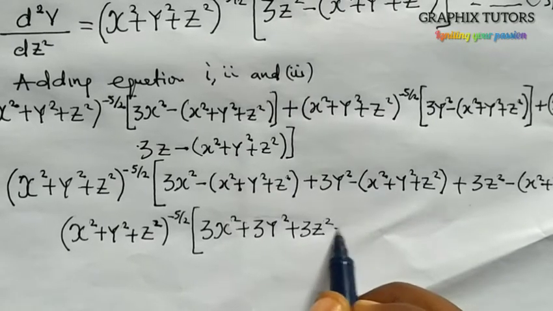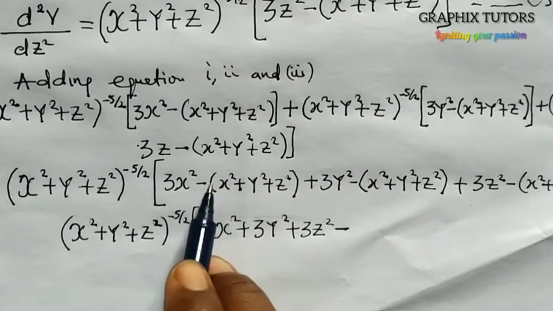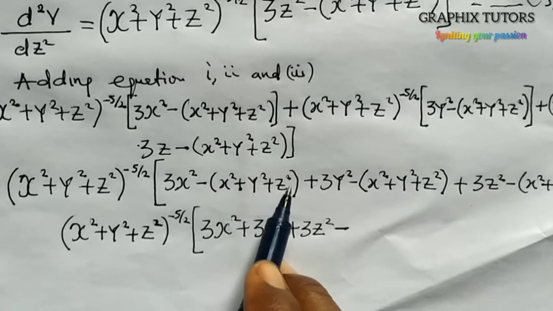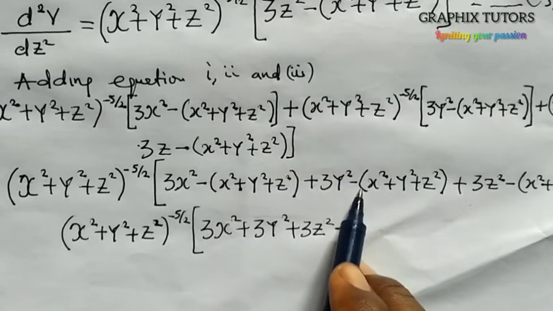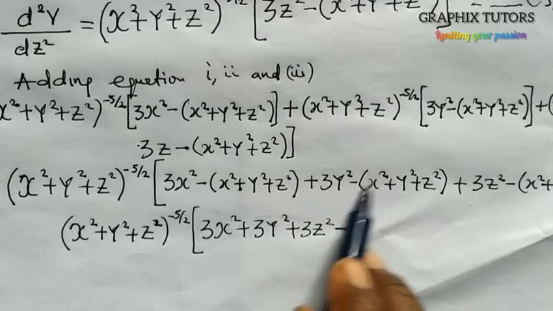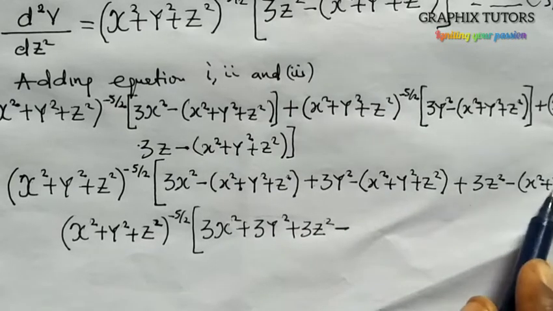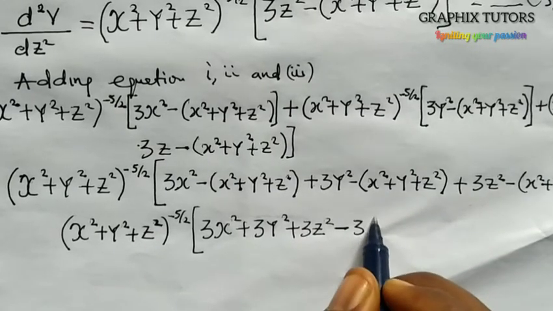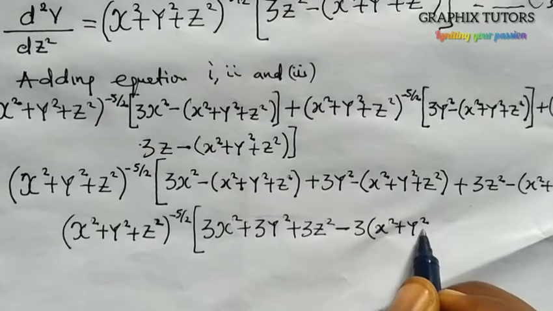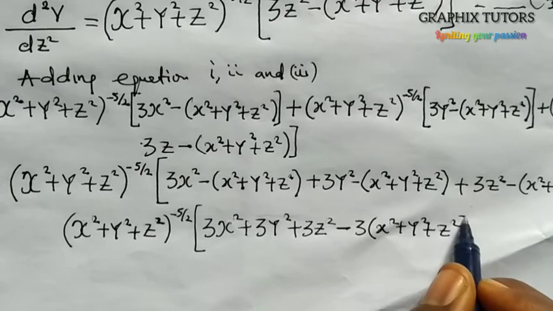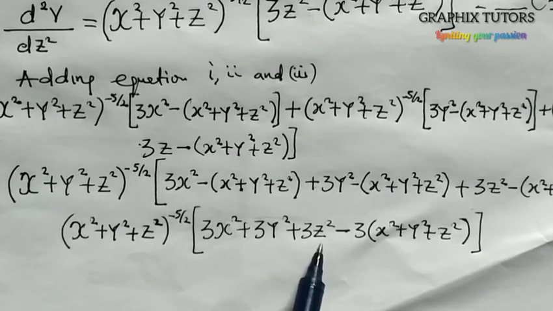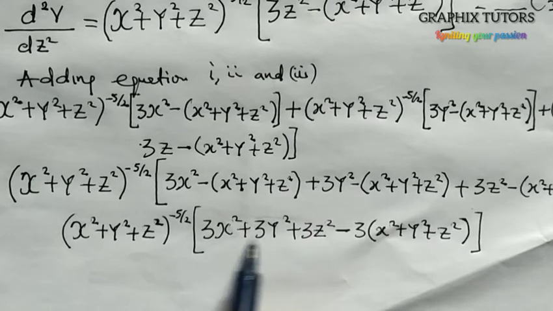Then minus, this is 1 into bracket x squared plus y squared plus z squared, and because minus 1 of this, minus 1 of this, minus 1 of this gives us minus 3 of this, x squared plus y squared plus z squared, right? I'll close it up. Now the way it is now, you can easily factorize this by bringing the 3 out.